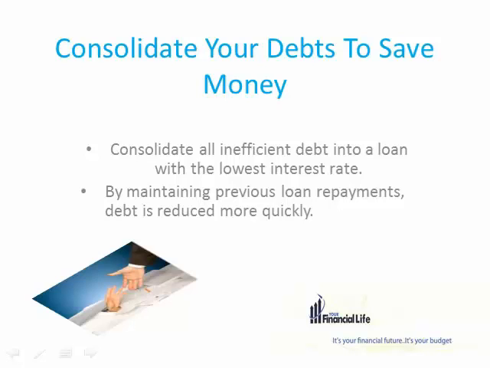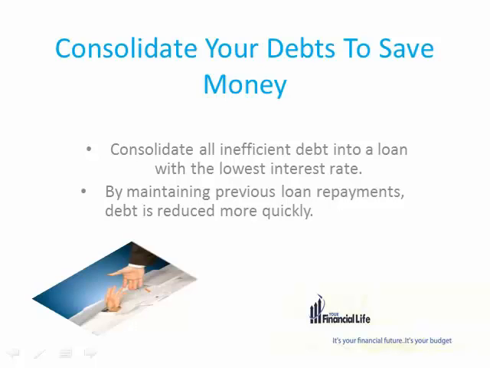And let's assume that the same overall repayments continue to be made, so that inefficient debt can be eliminated more quickly. It's important to find out whether an existing home loan offers the features and flexibility to repay inefficient debt sooner, such as a 100% offset account and the ability to make additional payments. If it doesn't, it could be better to consolidate the debt into a new loan that offers these features.